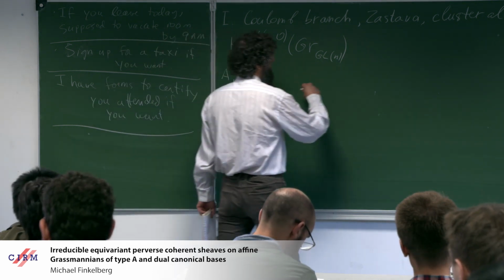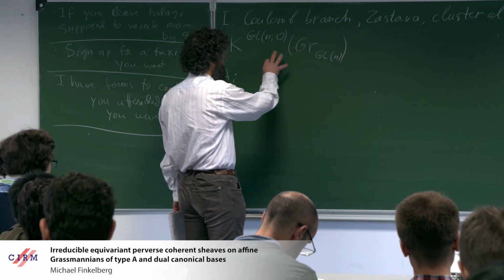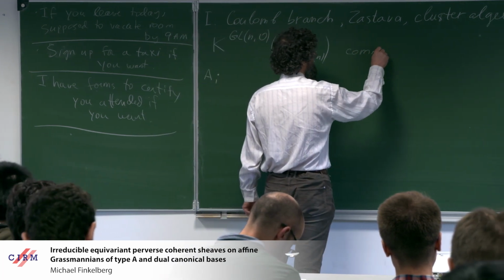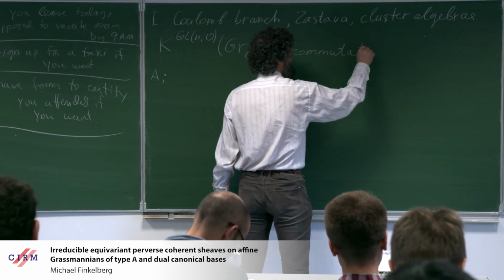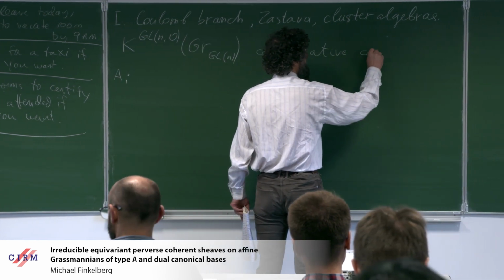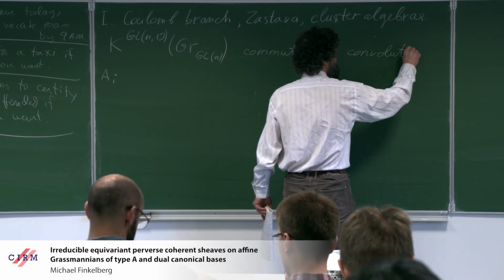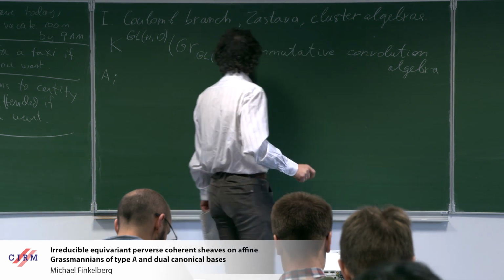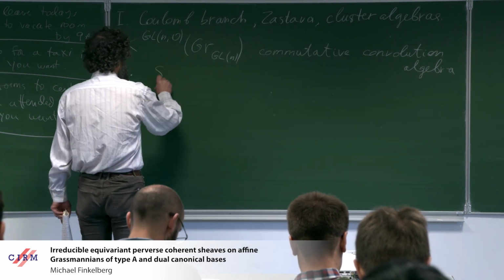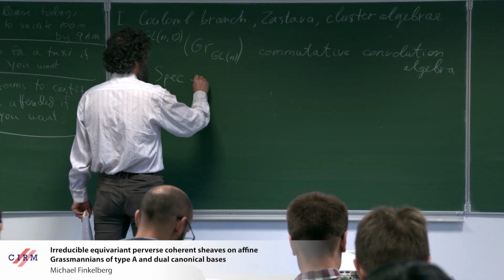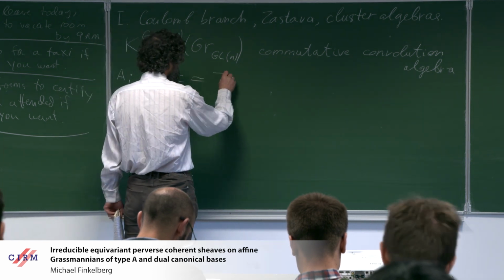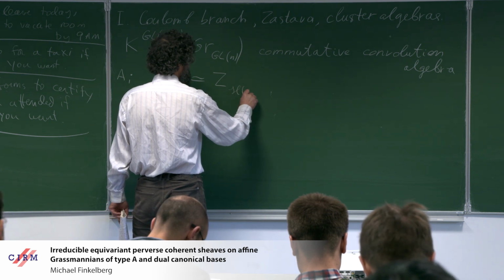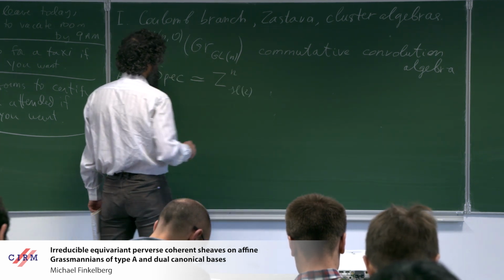And then it is equipped with some convolution operation, and it is a commutative algebra. And its spectrum is isomorphic to so-called Zastava space for SL2 of degree n.